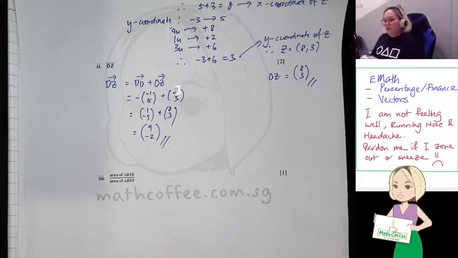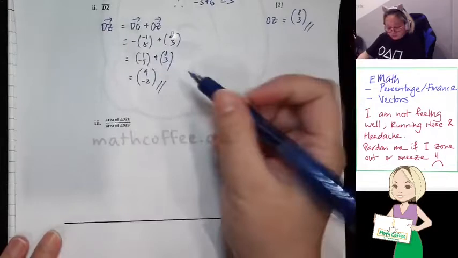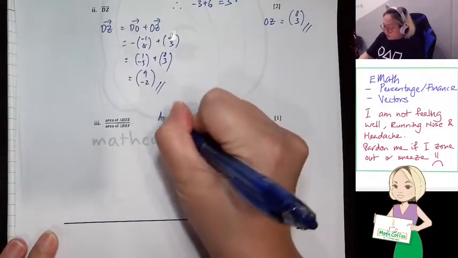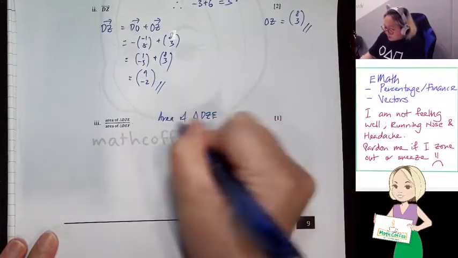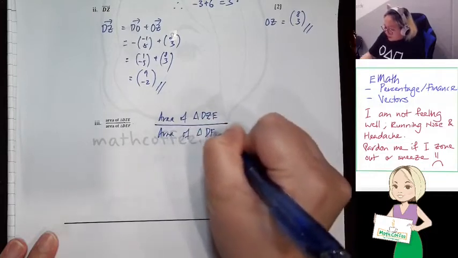So let's take a look at the diagram. They are asking for DZE. I'm going to write it out because it's too small. So area of triangle DZE over area of triangle DEF.